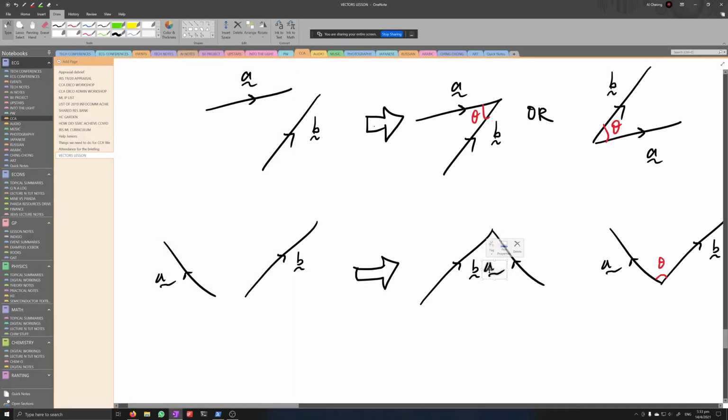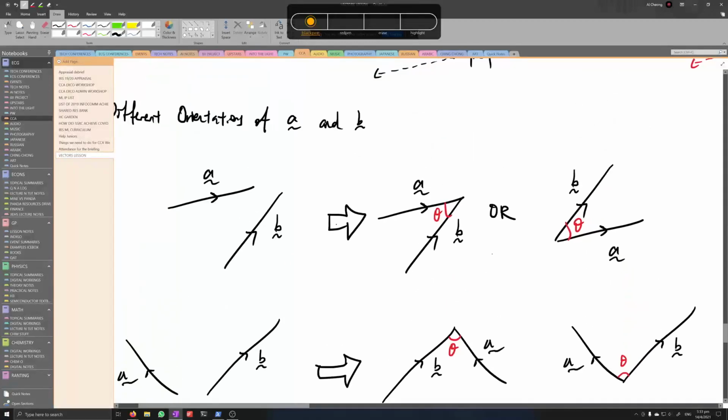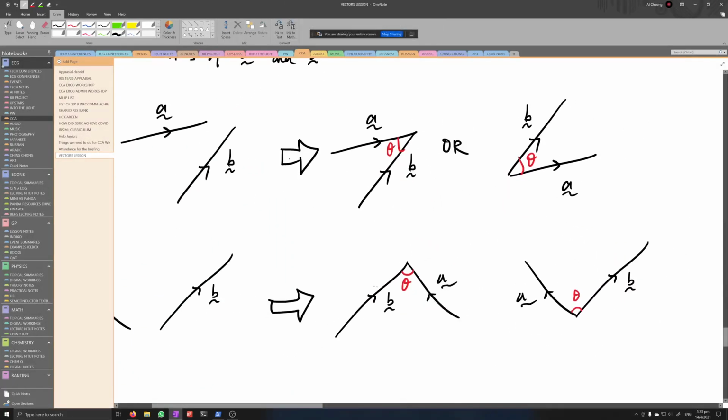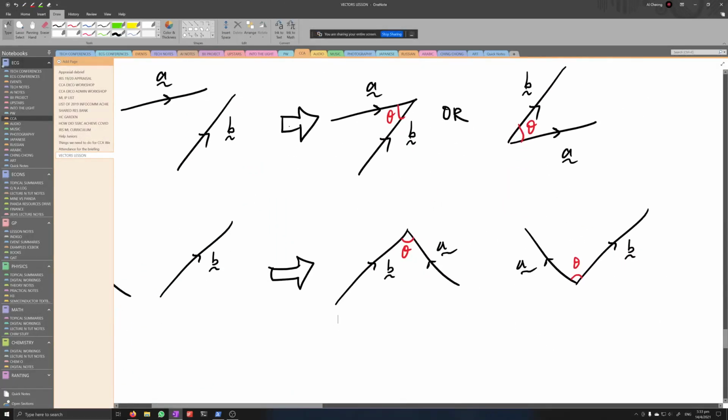Okay, let's just move the A out here to make it easier to read. Okay, all these thetas are all the same. So realize here, the A and B converge at a point. Here, A and B diverge from a point.